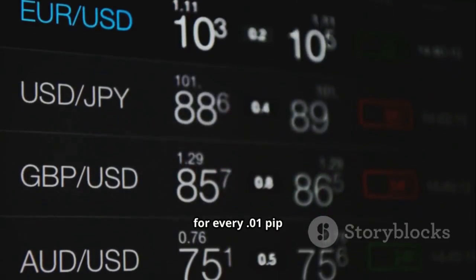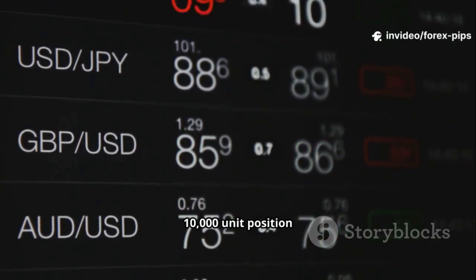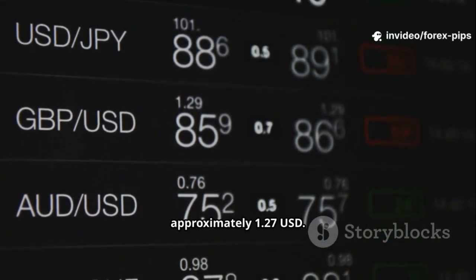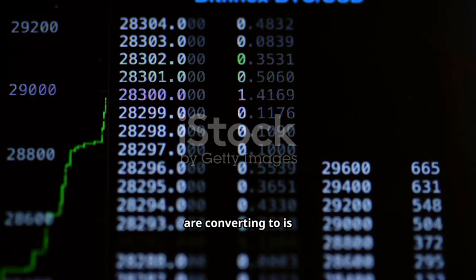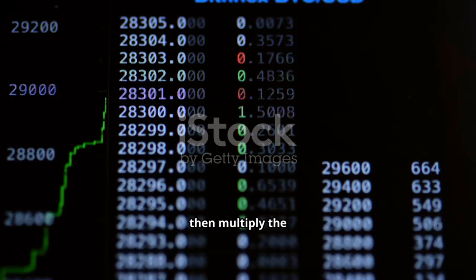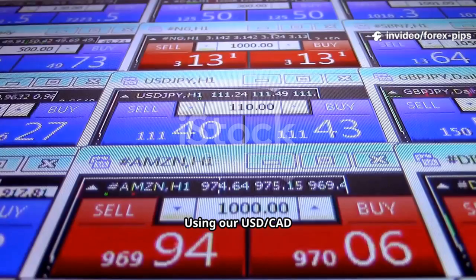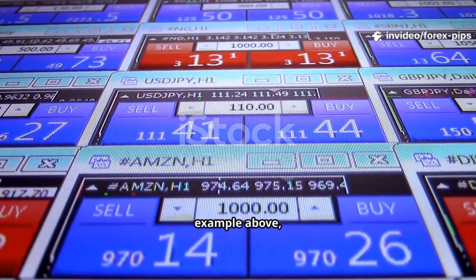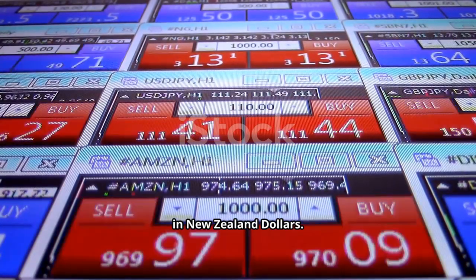So, for every 0.01 pip move in GBP/JPY, the value of a 10,000 unit position changes by approximately 1.27 USD. If the currency you are converting to is the base currency of the conversion exchange rate ratio, then multiply the found pip value by the conversion exchange rate ratio. Using our USD/CAD example above, we want to find the pip value of 0.98 USD in New Zealand dollars.